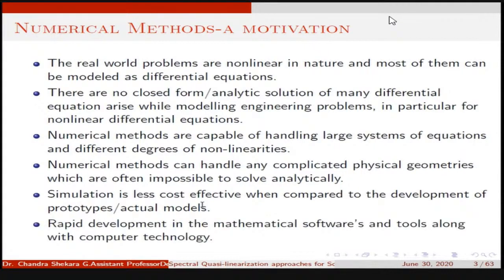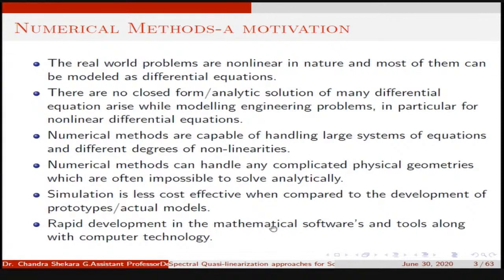And the other very important reason why one has to learn numerical methods is that there is rapid development in mathematical software and tools. Also, parallel computing now exists, the speed of computers has increased, and the storage capacity of computers has increased. Because of this, one has to know numerical methods and numerical programming by using some mathematical software or tool. There are plenty of software packages available.